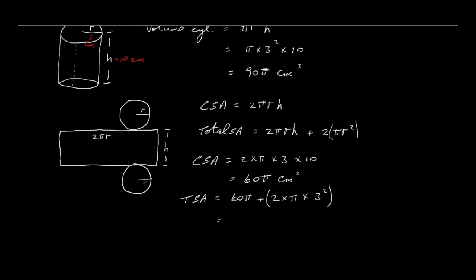We would get 60 pi plus 2 times, well, 3 squared is 9, so 2 9s are 18. So we'd have an 18 pi here. So our total surface area would be 78 pi centimeters squared. So that would be the total surface area of our cylinder.